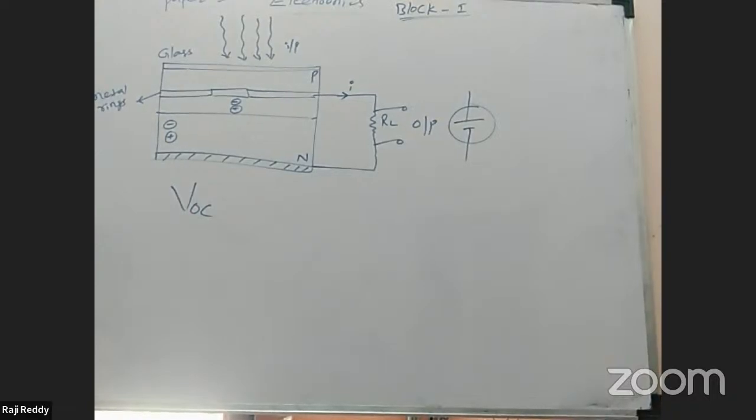The open circuit voltage produced for a silicon solar cell is nearly the silicon diode voltage, 0.6 or 0.7 volts. For germanium it is 0.3 or 0.4 volts, the terminal voltage value.